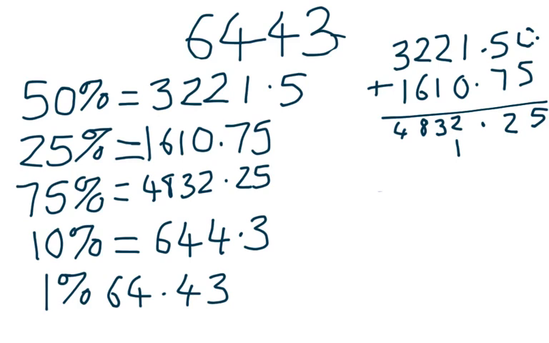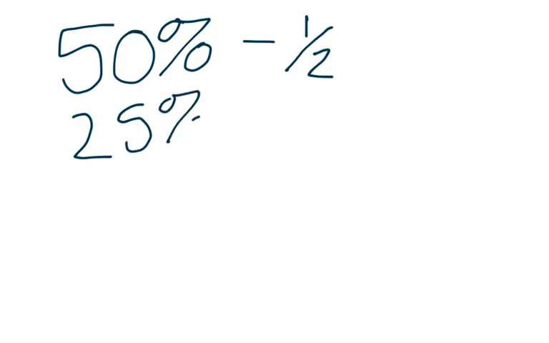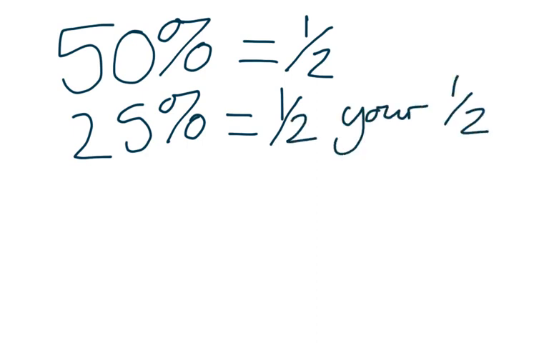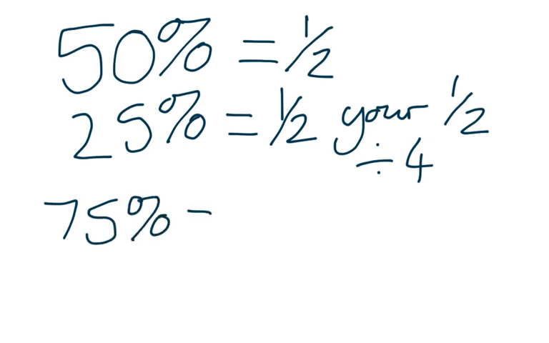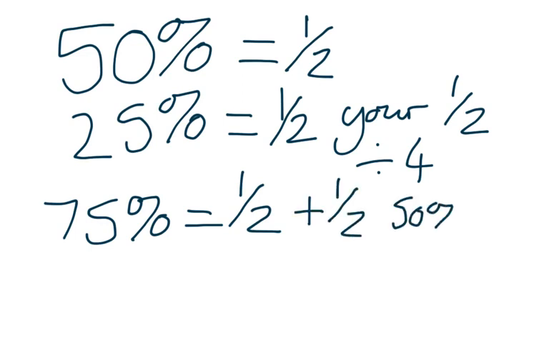So just to remind you, 50%, halve the number. 25%, halve your half, or divide by 4. 75%, you want to do the half, add the quarter, or the 50%, add the 25%.